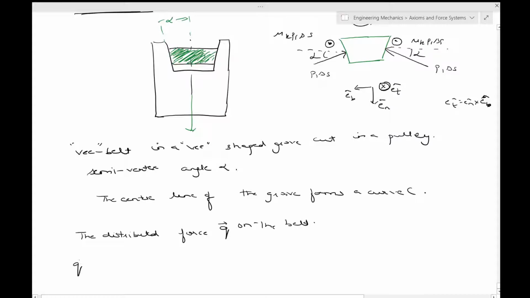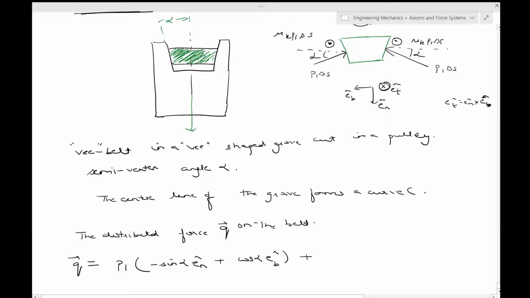So Q will be P1 into, let's write first the P1 into two components, En and Eb. So this would be minus sine alpha En hat plus cos alpha Eb hat.